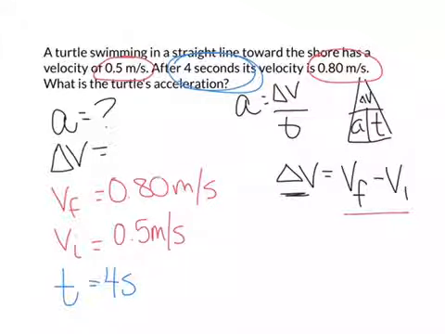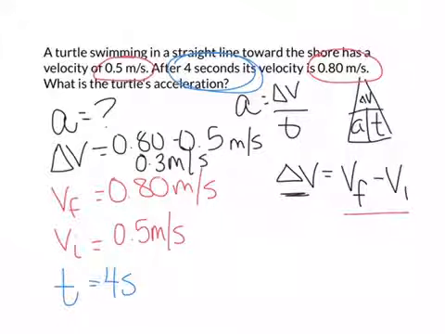So, to find delta V, I'm going to take my final velocity, which is 0.80, minus my initial velocity, and my delta V is going to be equal to 0.3 meters per second. Now that I know that, I can solve for acceleration by taking my delta V divided by my time. 0.3 meters per second divided by 4 seconds.